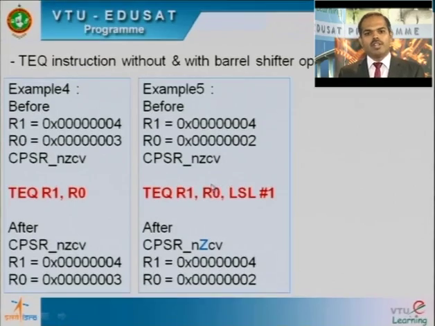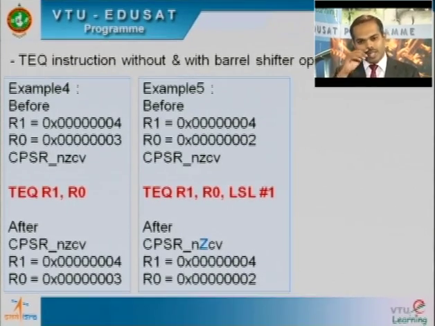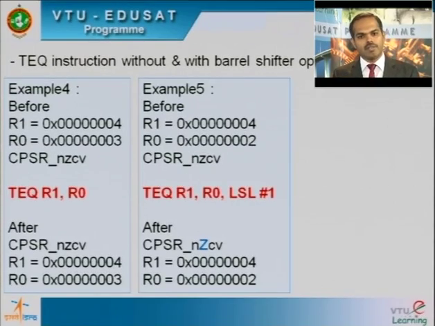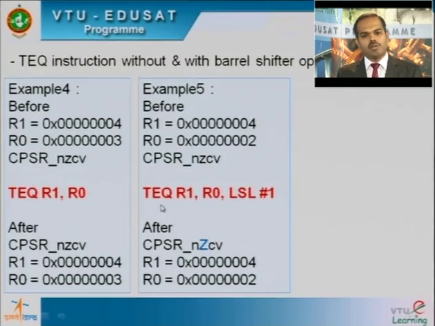Now we have to do an XOR operation with the content of R1, which is also 4. So both contents are now 4 and 4. When we do the TEQ or XOR operation, the result is 0, and that's where the CPSR Z flag is set to 1.